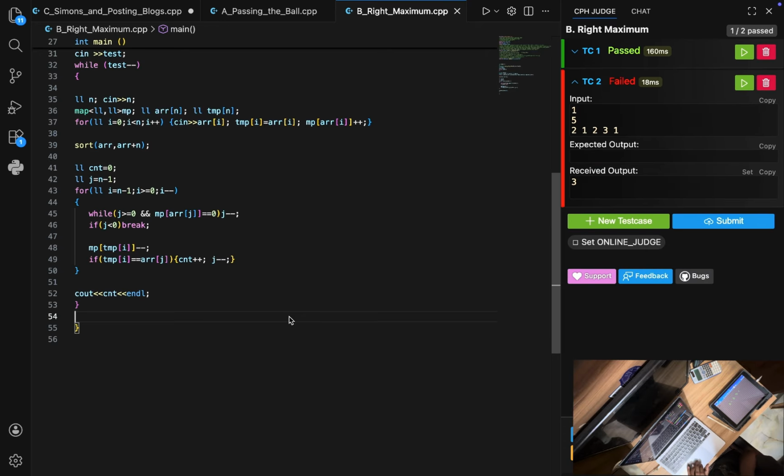Passed again. Should I submit now? Let's see. I'm saying if my j is greater than 0 and the value exists somewhere, I'll just go in front. If it doesn't exist, I'll just go backward. Otherwise temp j is getting minus, always temp j is getting minus, and if those are equal, count plus plus and j minus.